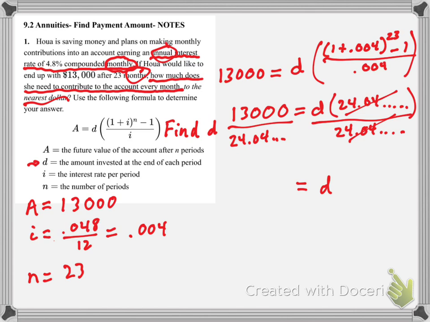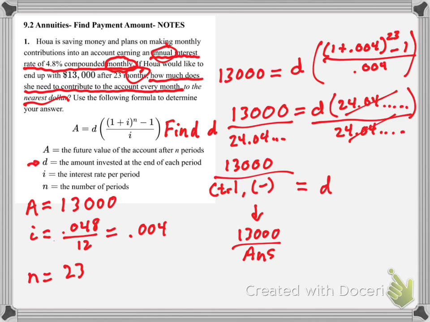Well, instead of typing all those numbers in, you're going to hit control and then the negative sign, because that's going to say 13,000 divided by whatever you just got. So it's 13,000 divided by 24 point blah, blah, blah. So now you hit enter.